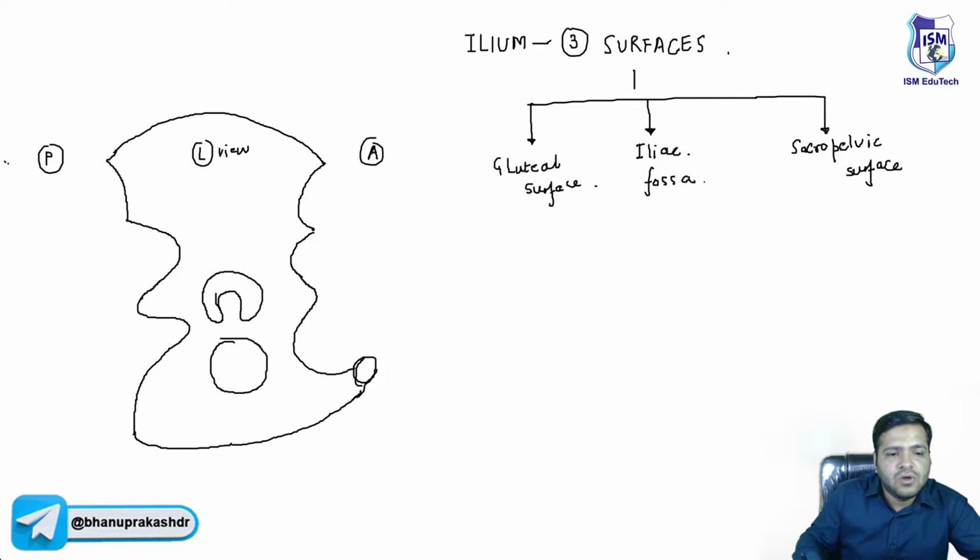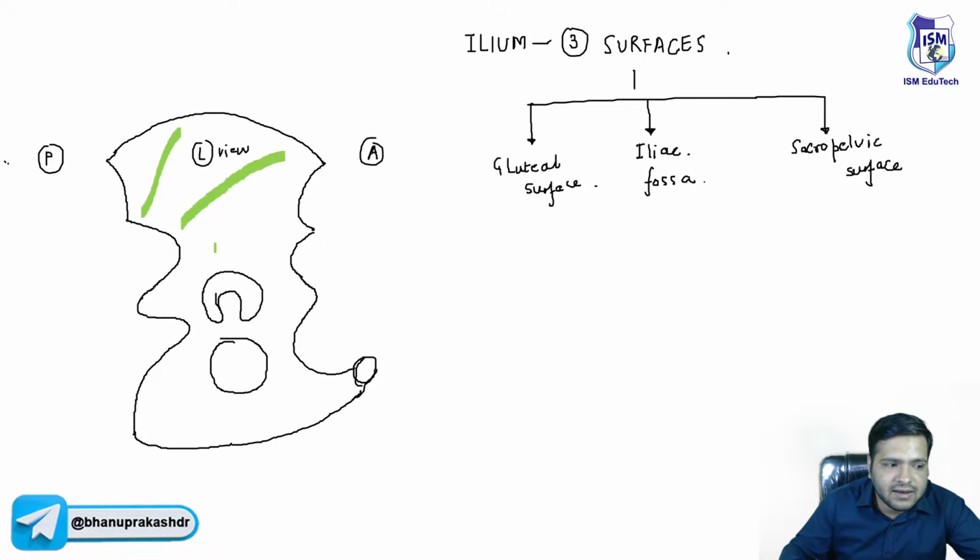Now, beta, you will see three lines over here. There will be three lines present on the lateral surface, and these lines are posterior gluteal line, anterior gluteal line, and inferior gluteal line.